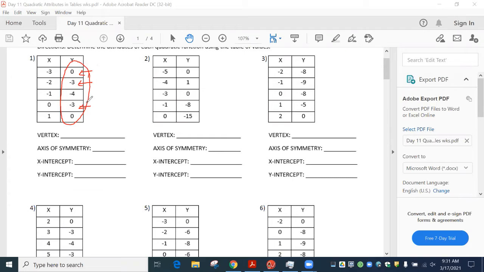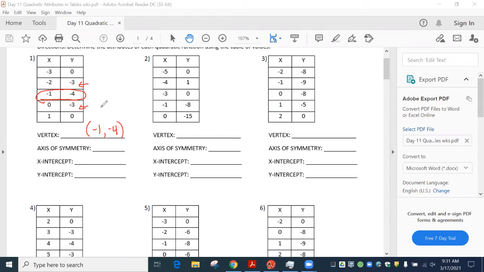And you see the two zeros here? So it goes 0, -3, -4, and then it starts going back down. That's that U part right there. Okay, so when you see these numbers repeat, the vertex is in the middle. So right here's our vertex. So right here, you're going to write -1, -4. Okay, so that vertex is right in the middle of that.